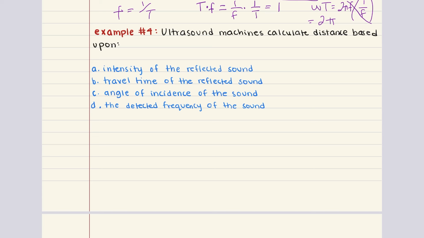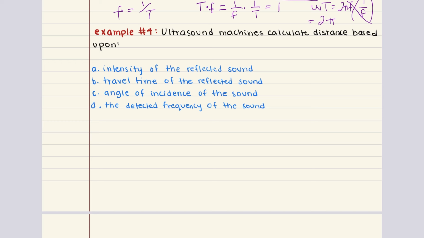Now, ultrasound machines use high frequency sound waves that travel through tissues and reflect off of surfaces where there is a change in tissue density. These reflected sound waves, also known as echoes, are detected by the machine's sensors. The key factor in determining the distance to a particular structure or boundary within the body is the time it takes for the sound wave to travel to the structure and back to the ultrasound probe.